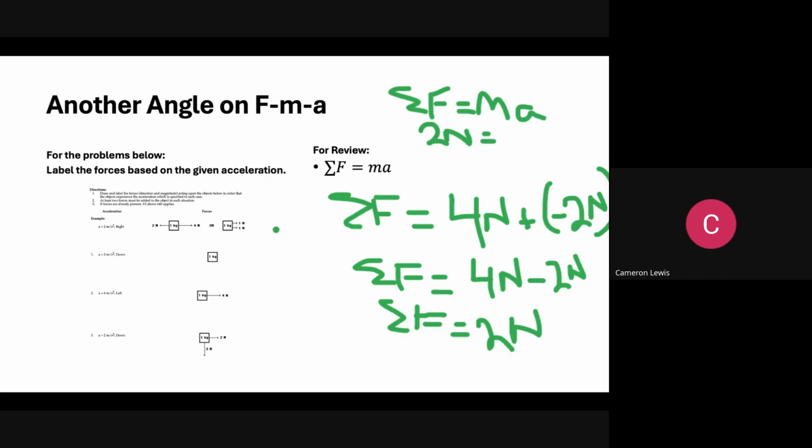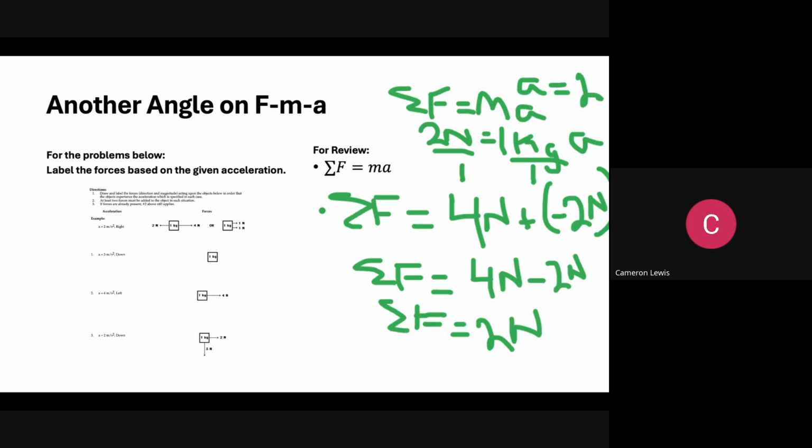This is equal to 1 kilogram because it says so in the box, that's the mass of our object. And then I have a, which is my acceleration. I see multiplication, so I do division. I divide by 1, divide by 1. Therefore, my acceleration would be equal to 2 meters per second squared. So that's how we checked it.